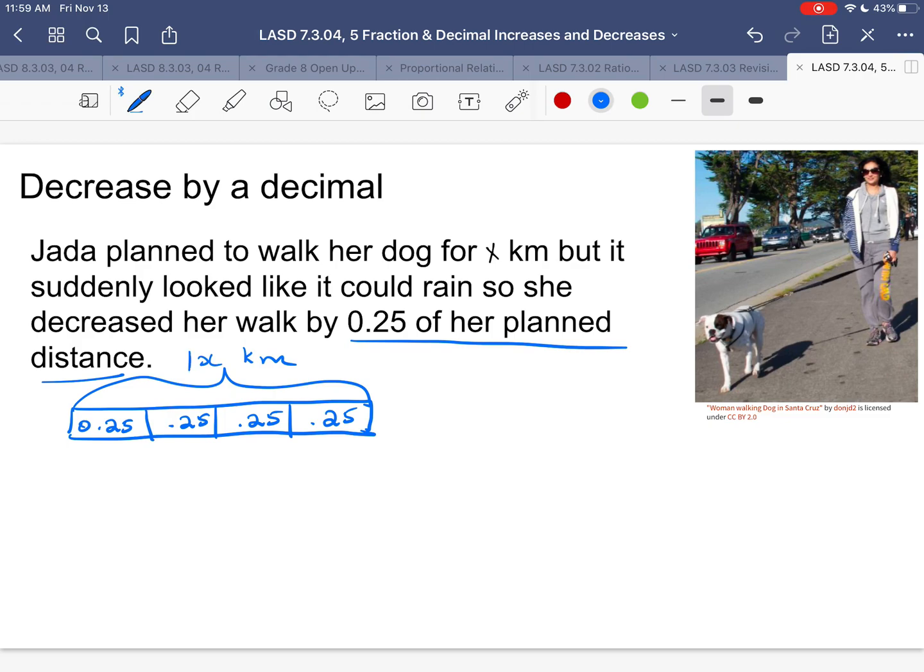So she planned to walk 1x, but she walked less. So I'm going to subtract how much less she walked. She walked 0.25x less, and 1x minus 0.25x is 0.75x kilometers. So she walked 0.75 of her planned walk.